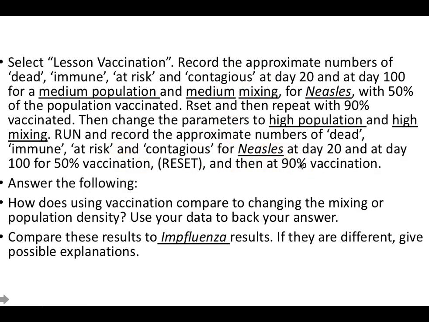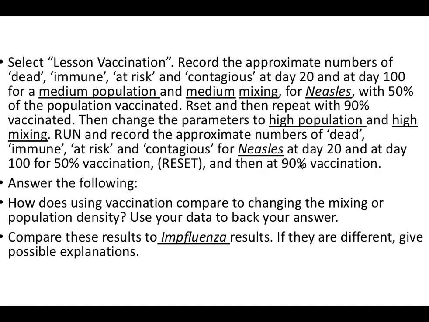So you'll have your medium virgin data, and for the high, and then you're going to go back to medium population, medium mixing with 50% vaccinated, do it again with 90%.